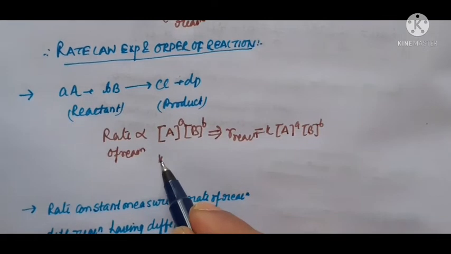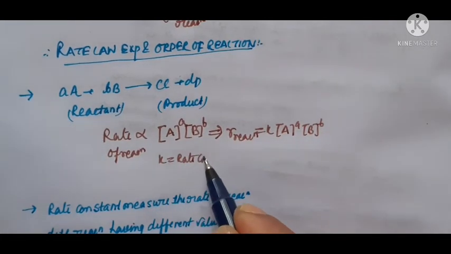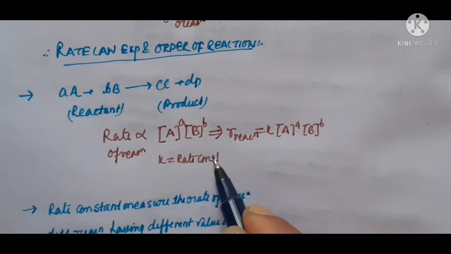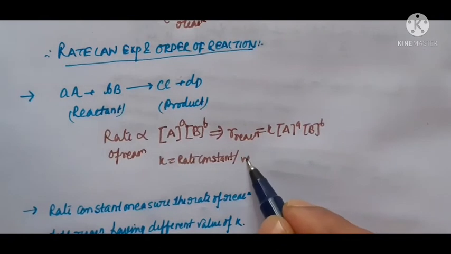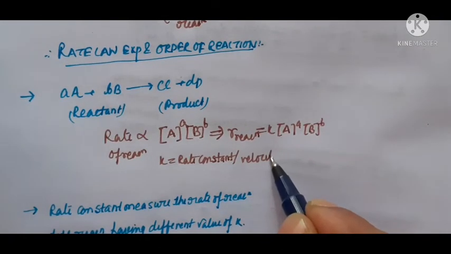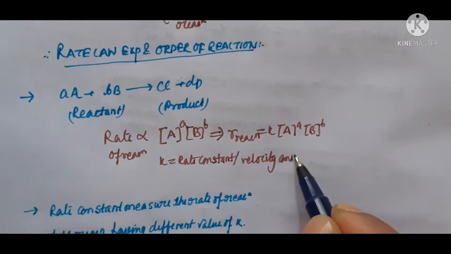Here K is known as the rate constant or velocity constant. K stands for rate constant and velocity constant.